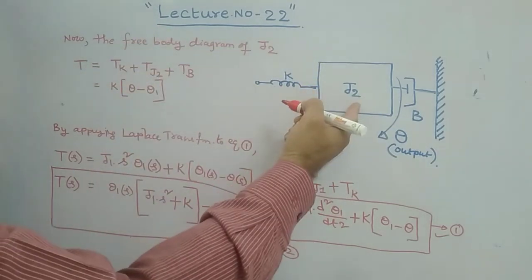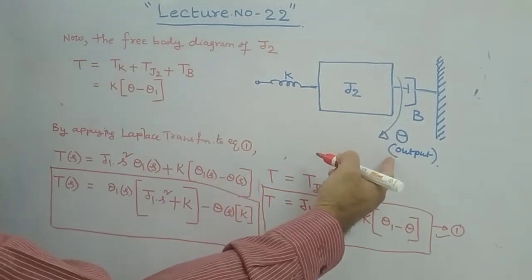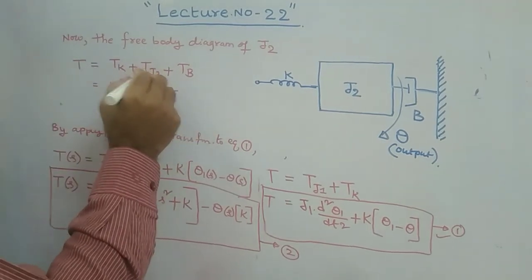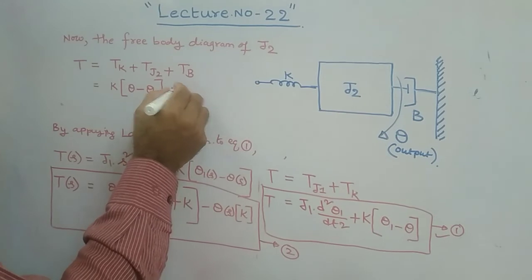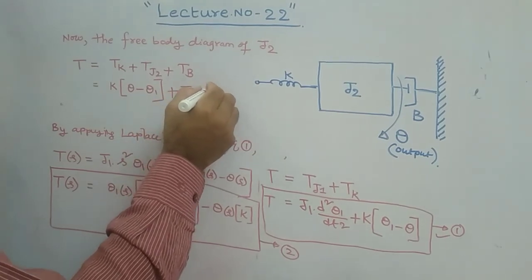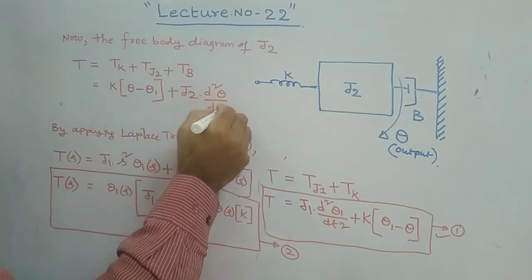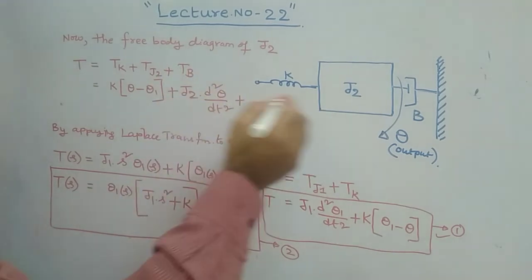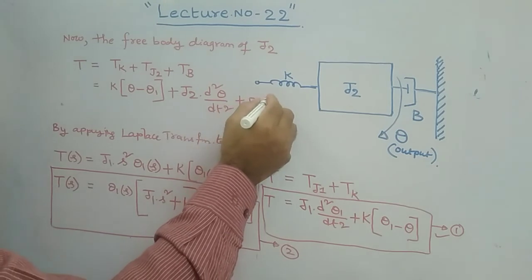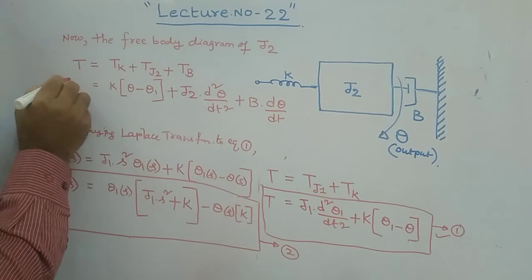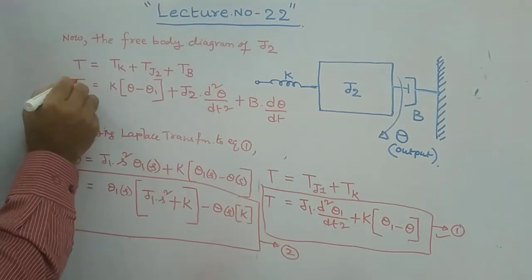You consider the displacement first, theta minus theta 1, plus Tj2, which is nothing but J2 into d square theta by dt square, plus the dash pot element, which is B into d theta by dt. This is your torque equation.